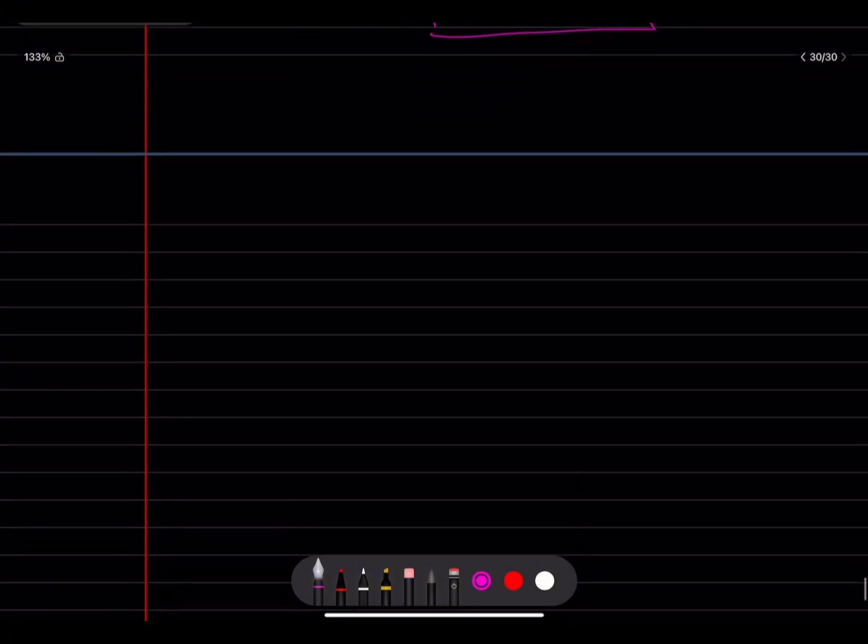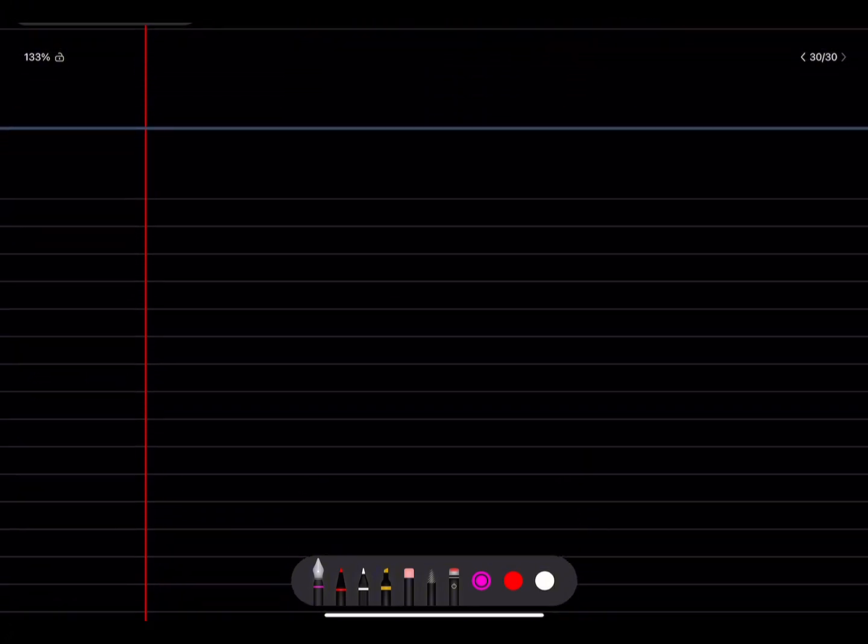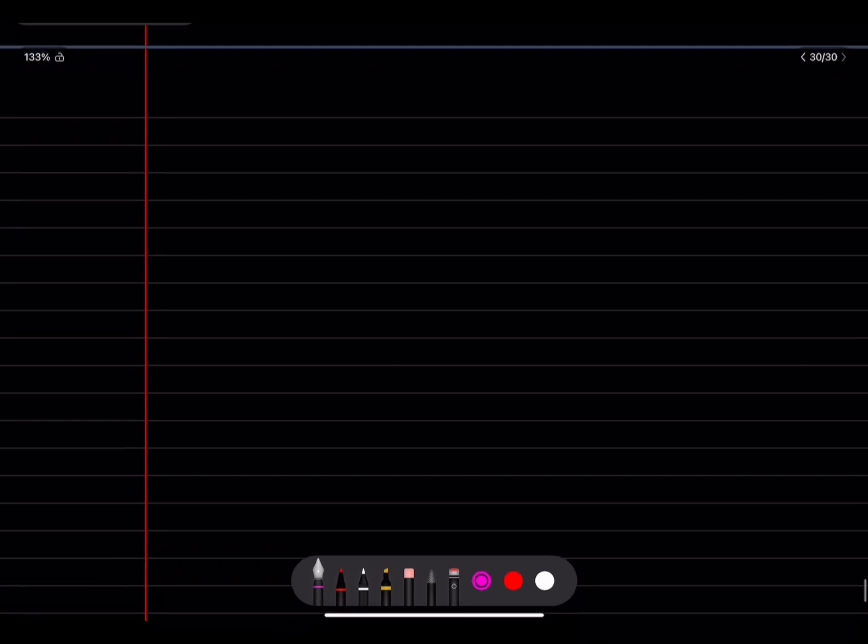Before we proceed, I would like us to check some properties of the twiddle factor. These properties are the periodicity property and the symmetry property. So first of all, let's look at the periodicity property.